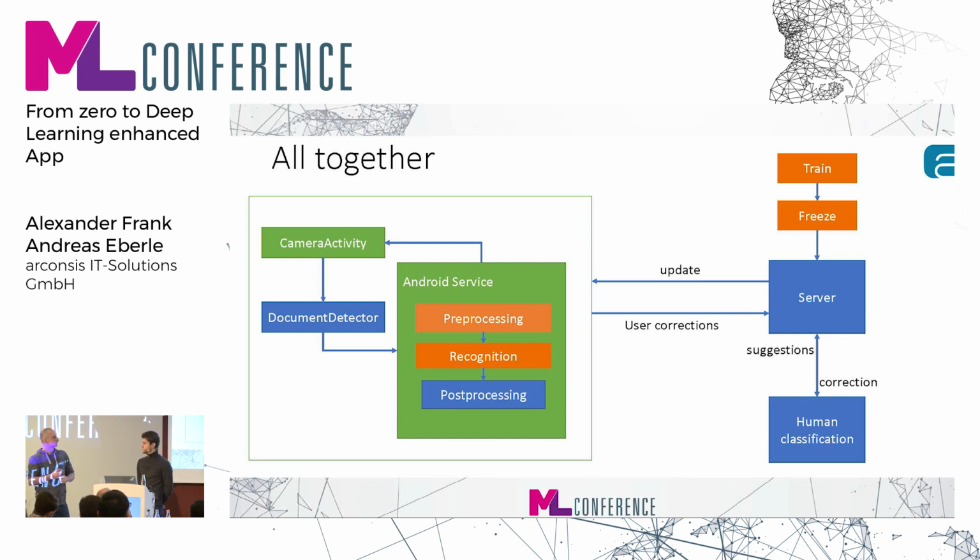In the beginning there was a lot of human labor to be done, but now it's more or less just looking over the data and maybe doing a small correction, because most of the time the processing pipeline now gets the correct result.